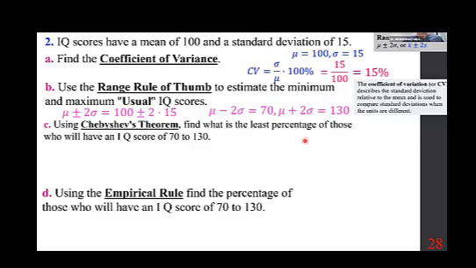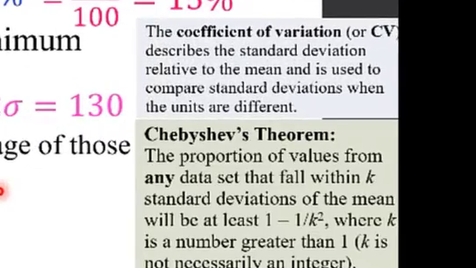Therefore, as far as Chebyshev's theorem is concerned, we have 1 minus 1 over k squared. So the proportion of values from any data set that fall within k standard deviations of the mean. That means how many standard deviations over k? That means 1, 2, 3, 4, however many.